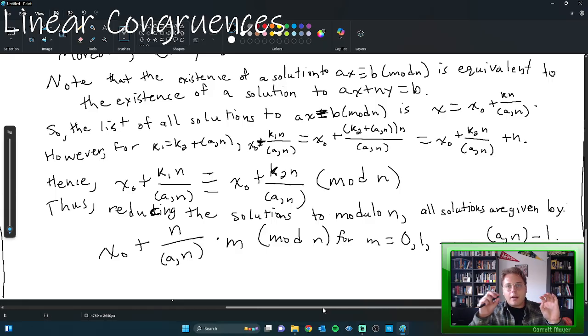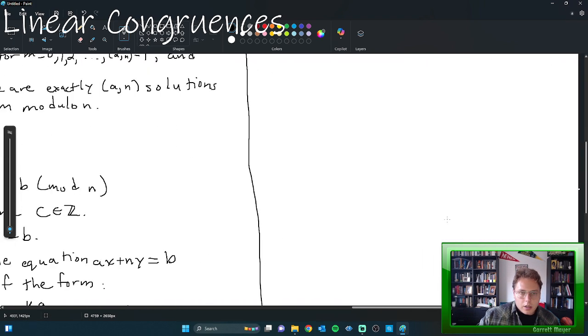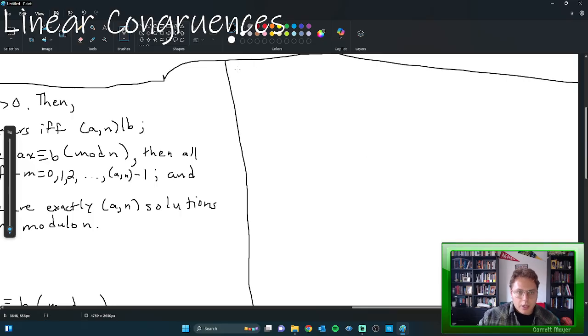And we've shown that these are the exact solutions. This list of GCD of A and N numbers are the exact solutions within that interval. That interval is a complete residue system. So that shows us that in the canonical complete residue system, that's exactly how many solutions there are as well. So let's lay that out and make it a little more explicit. I didn't give myself a ton of room to work with, but that is all good.